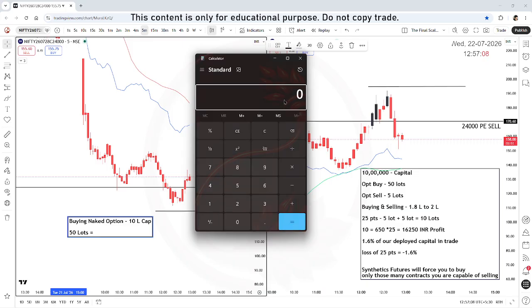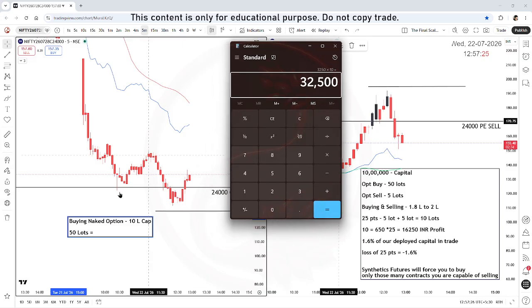How much would I lose? Only 10 points I'm talking about, right? So 50 into 65 into 10 points. That will be 32,500 rupees loss if I had bought naked options. Only losing 10 points, right?